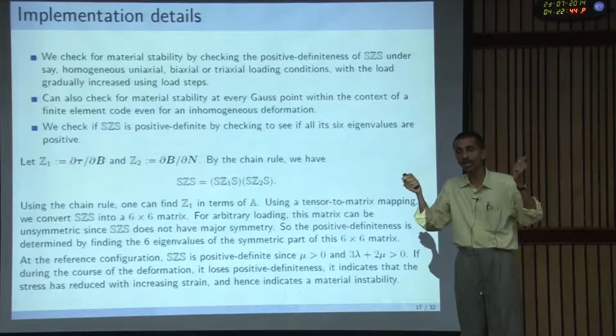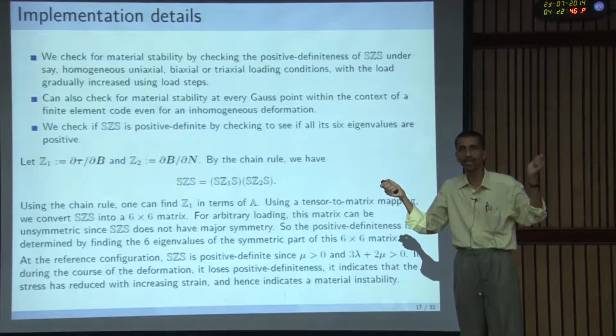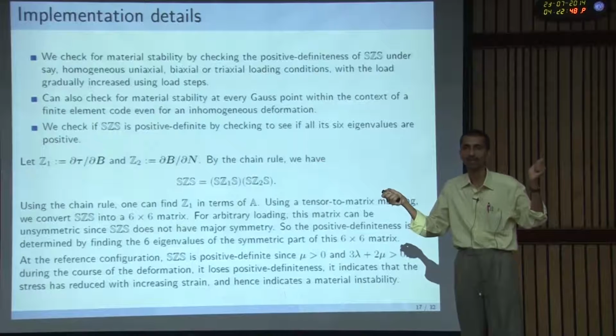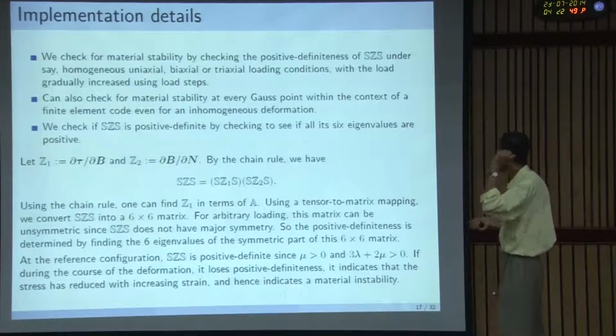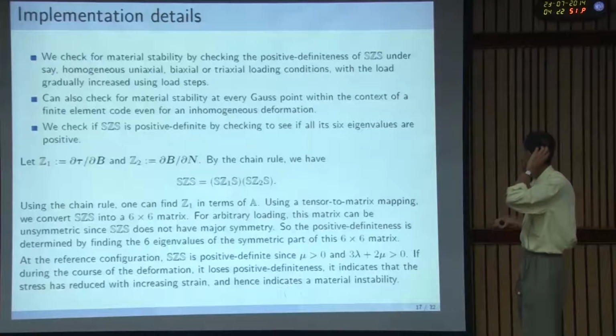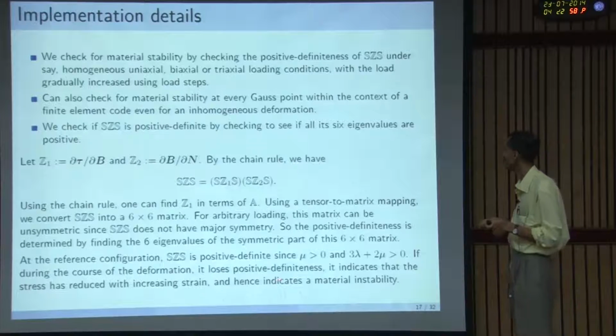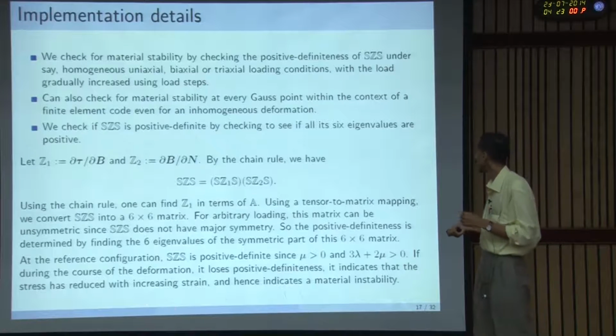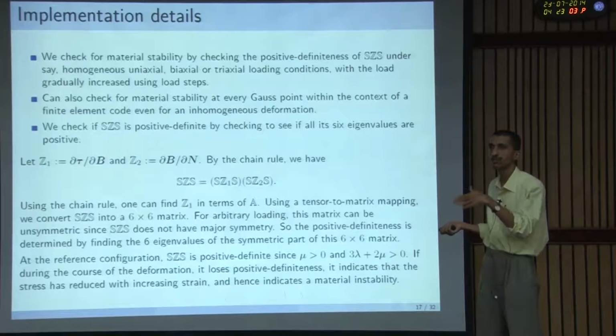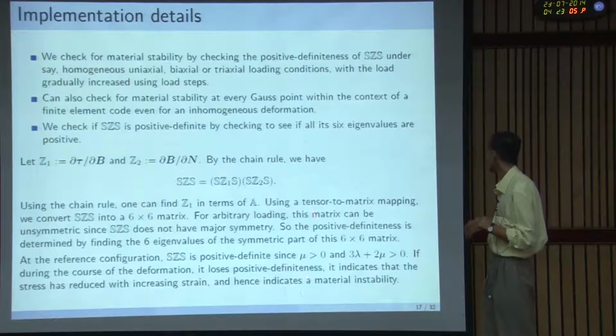At some point of the loading, if it loses positive definiteness, we say that it's a material instability. Otherwise, we say that the material is stable. So that's what is here. If during the course of a deformation it loses positive definiteness, it indicates that the stress has reduced with increasing strain, and hence indicates a material instability.